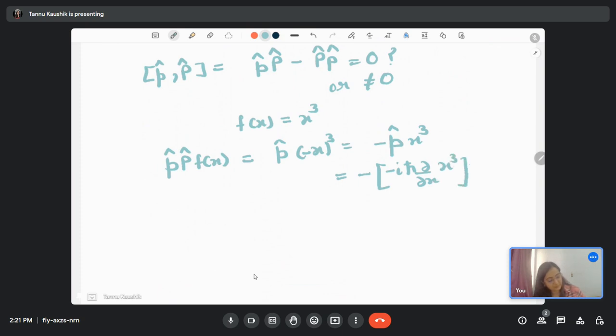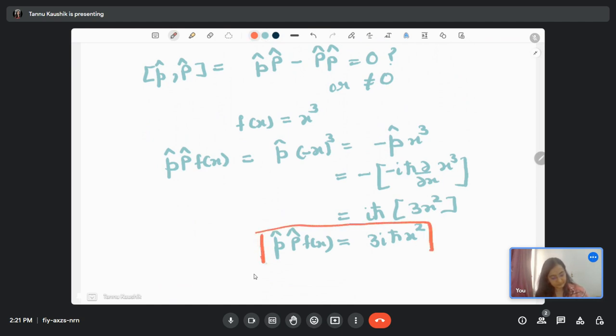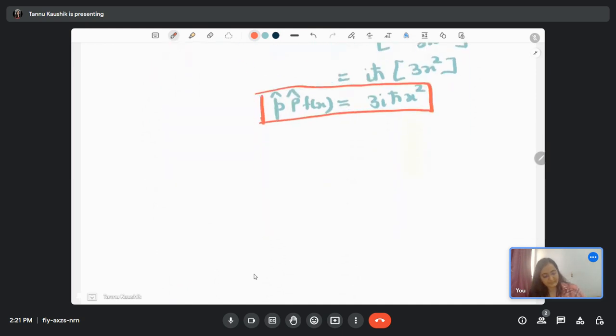Now this momentum operator will operate on this x cube, which is minus iota h bar del by del x of x cube. So what will we get? We will get 3x square on differentiation. That is 3 iota h bar x square.